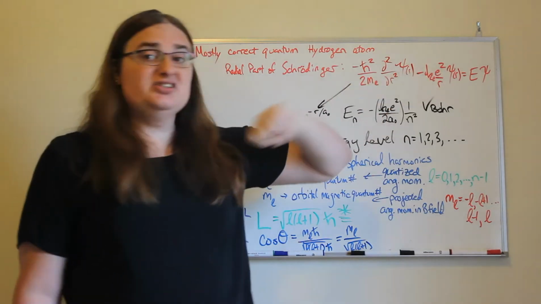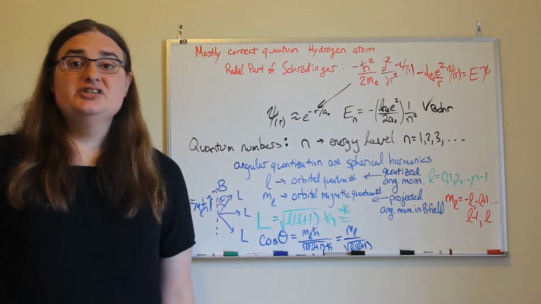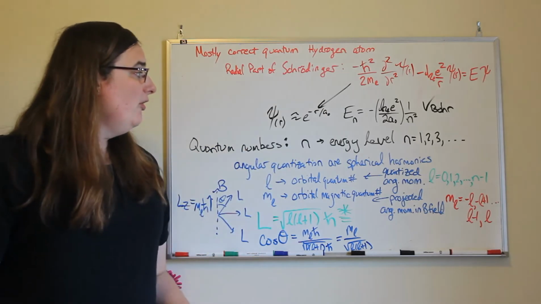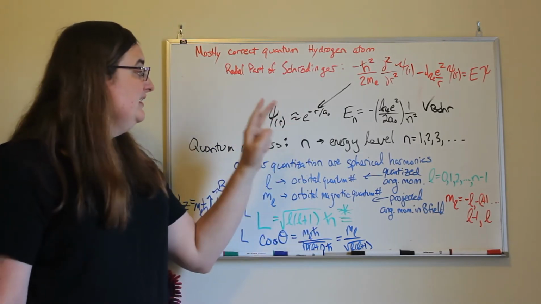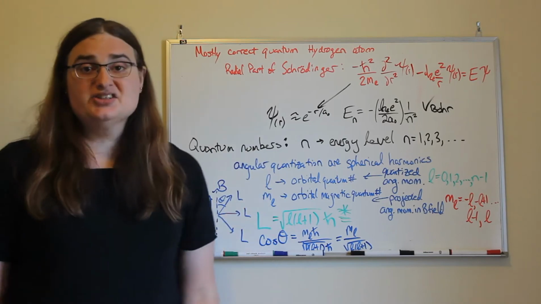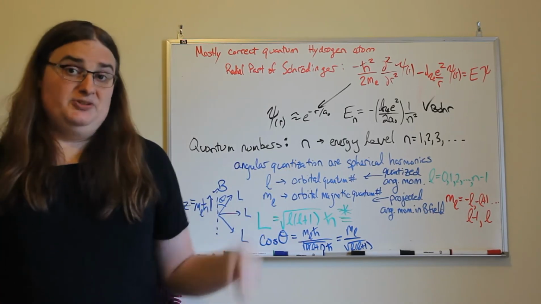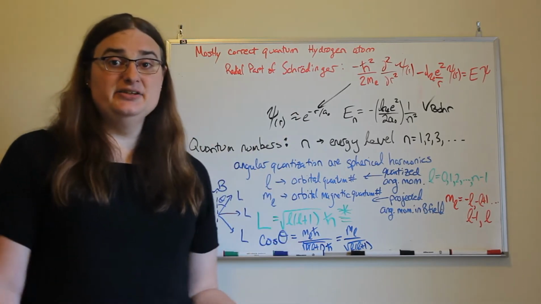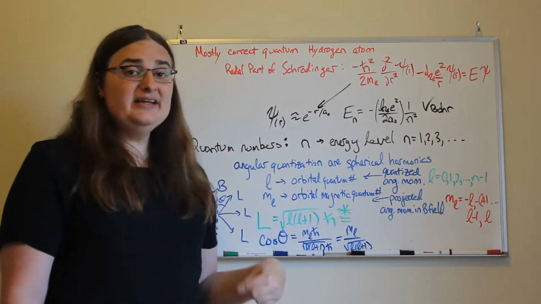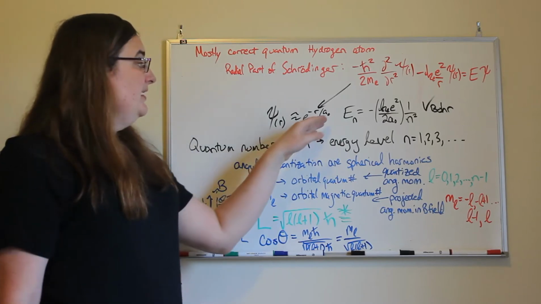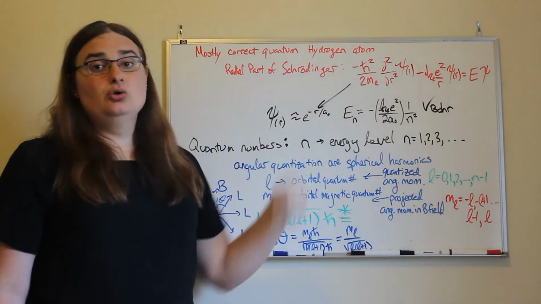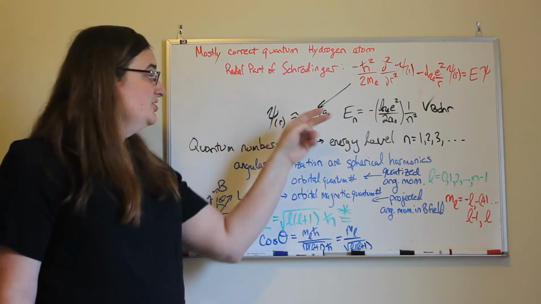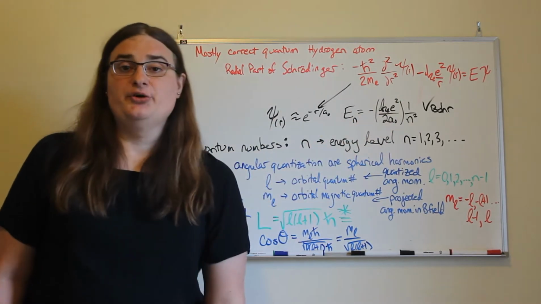Well, when we solve this, it involves a series of functions that all have a dependence on e to the minus the radius divided by a series of constants that are exactly the same as the Bohr radius a0, and the eigenvalues that we get would be energy levels of minus Coulomb's constant times the charge squared divided by 2 times that Bohr radius times 1 over n squared.